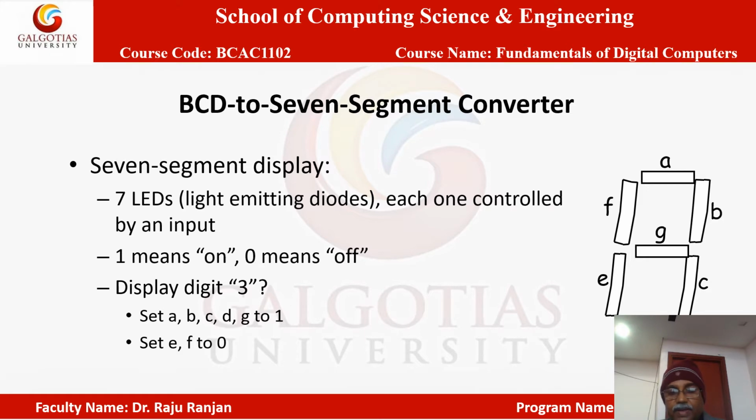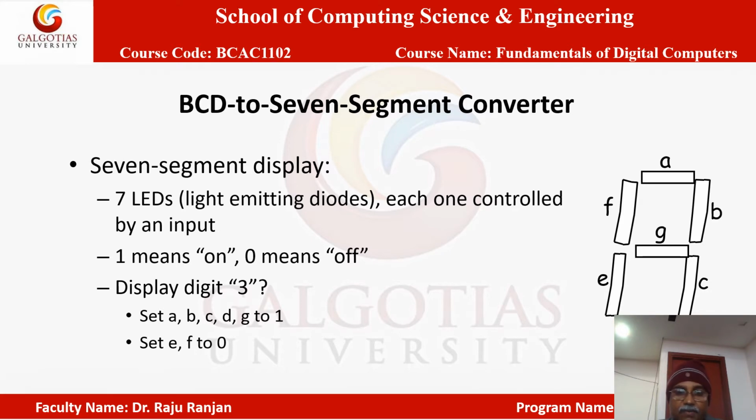So for example, if you want to display the digit 3, then in that case a few LEDs will be on and others are off. For displaying 3, A should be on, B should be on, G should be on, C should be on and D should be on.